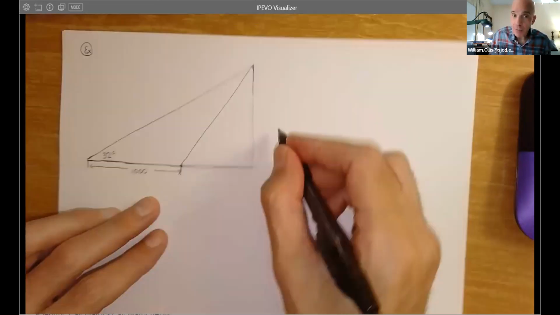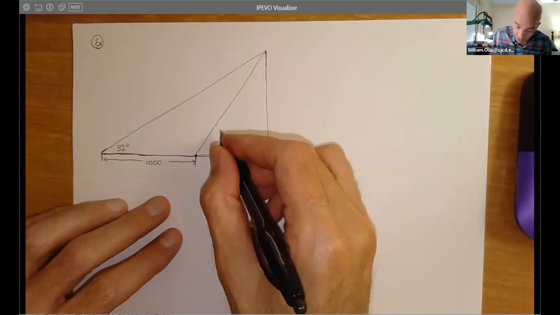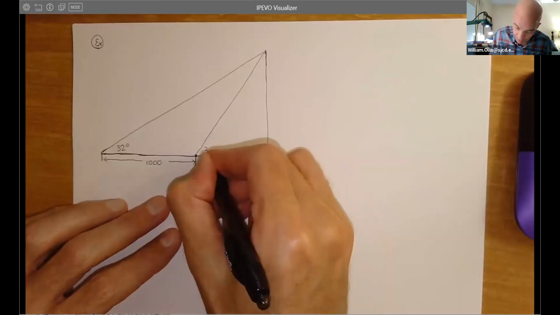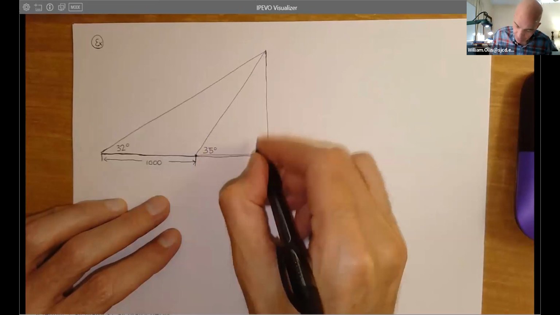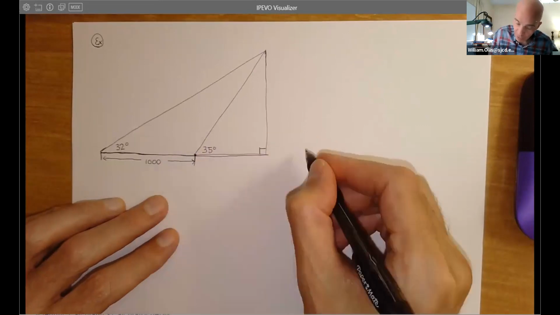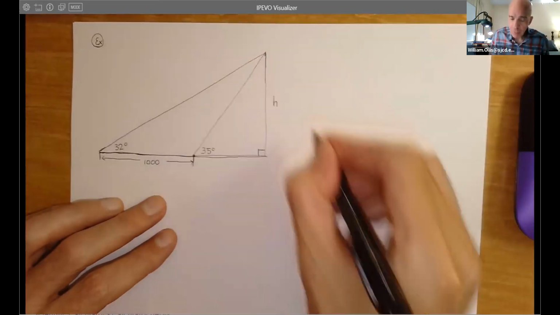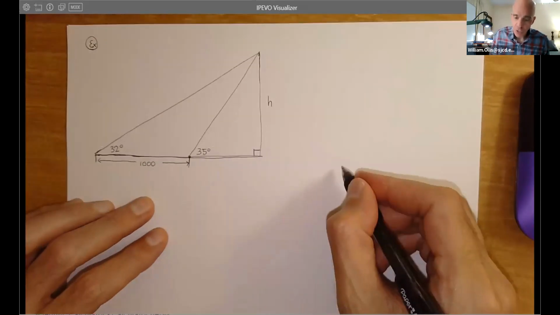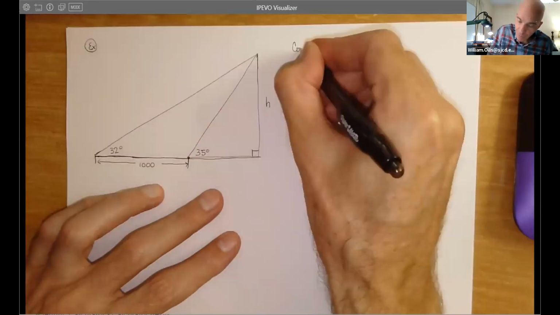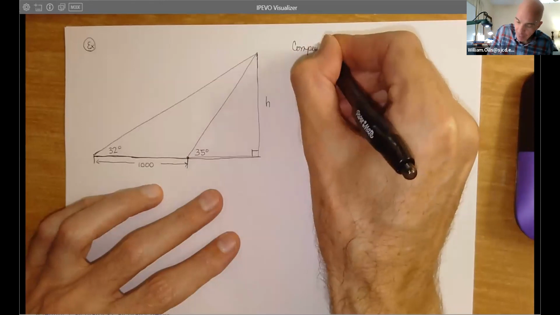And so this angle of elevation you measure to be 35 degrees. And here's our right angle, and we're going to let H be the height of the mountain. So here we'll say compute H.